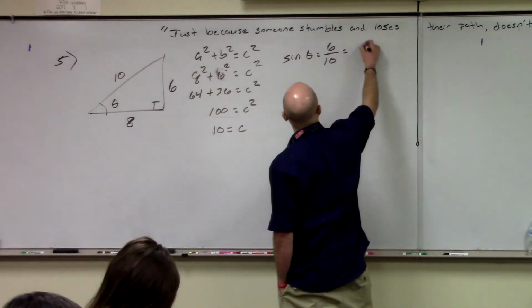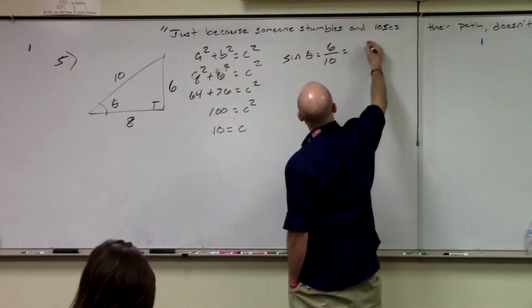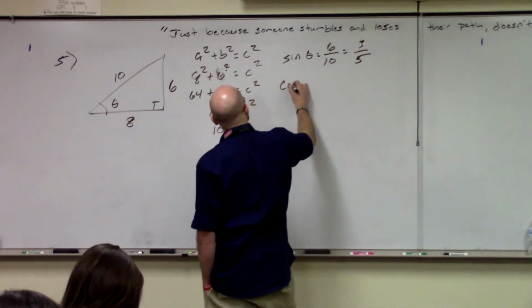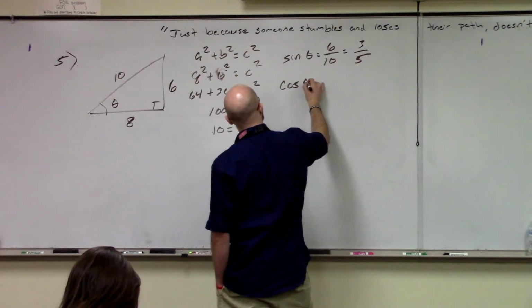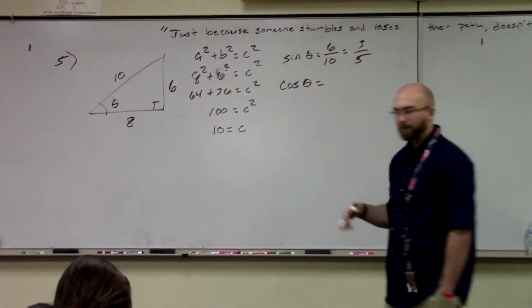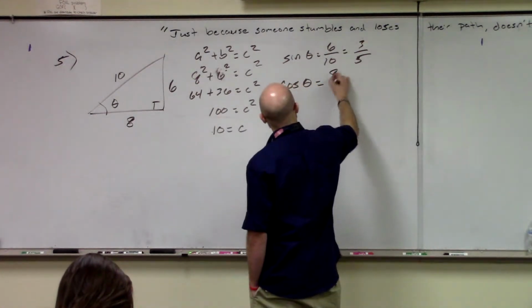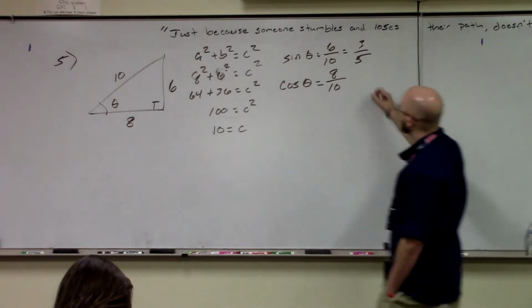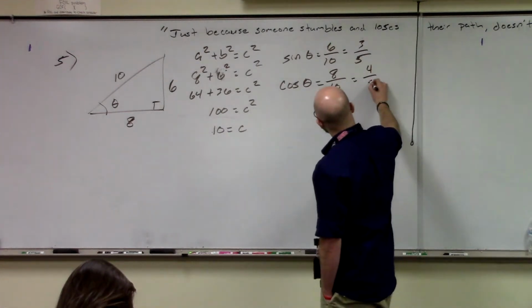So it's just 3/5, right? Let's do cosine of theta. It's going to be 8 over 10, right? This is adjacent over hypotenuse. It's 4/5.